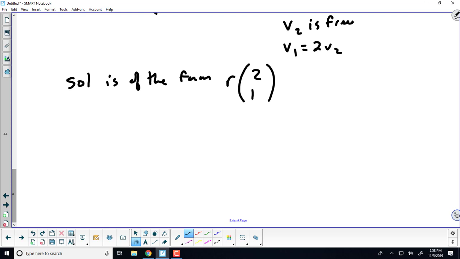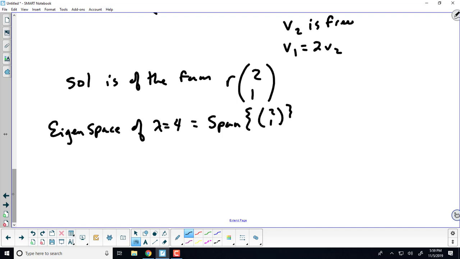All right, I'm going to introduce some terminology here. I'm going to say that the eigenspace of lambda equals 4 is the span of this eigenvector. I just want to get that terminology out of the way right now. For every single eigenvalue, you can give the eigenspace of it, which is the span of its corresponding eigenvector or eigenvectors. You might have more than one eigenvector.